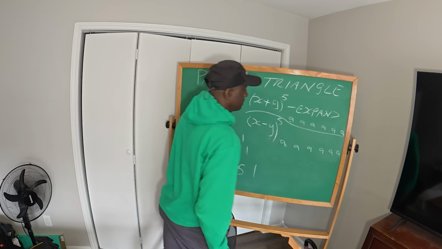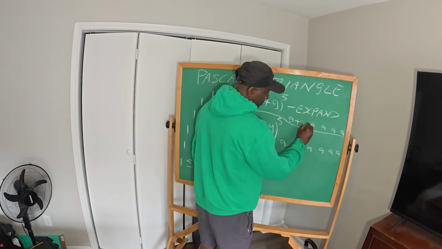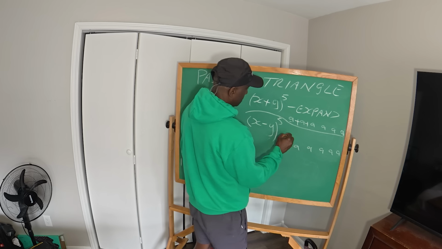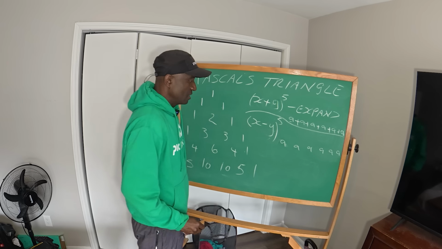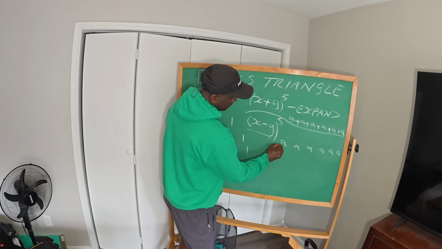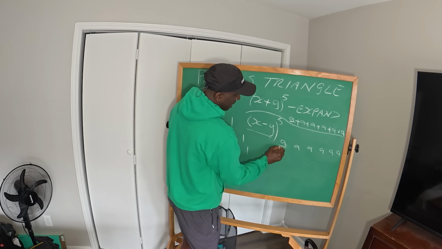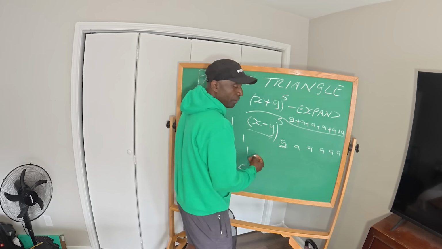So here we have all positive. When we have a negative, the first number in both cases is always positive, but the next number is where we alternate.